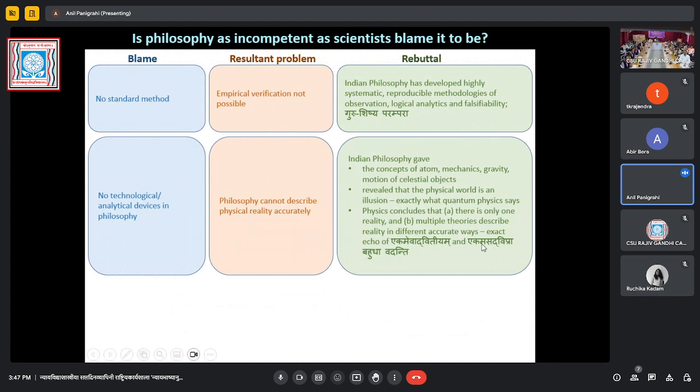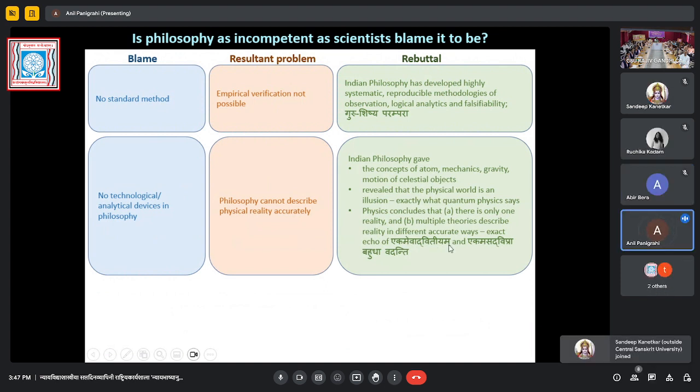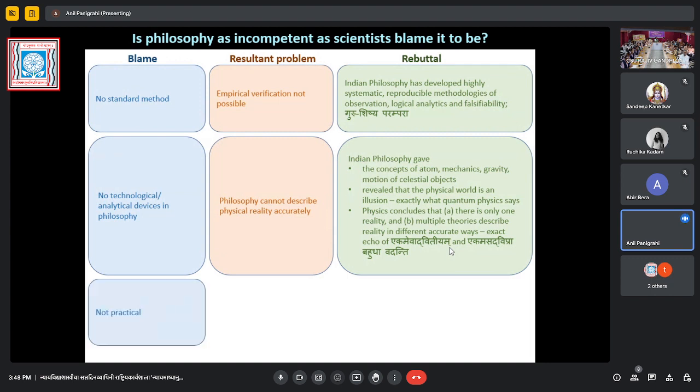Ekam sat vipra bahudha vadanti. Of what? What is that sat? Ekam evadvitiyam. So you know more about this than I do. So you can definitely appreciate here that philosophy is not as incompetent as scientists believe it to be.